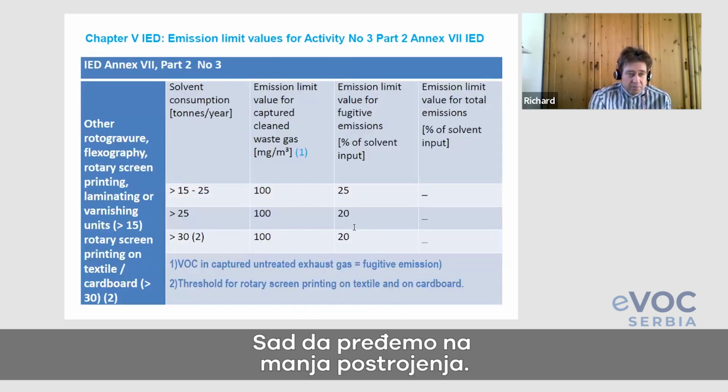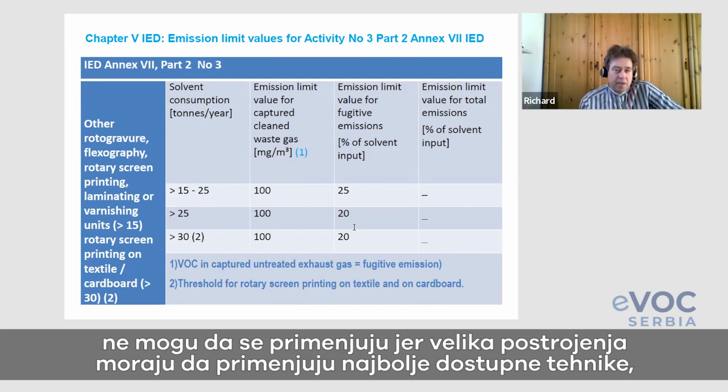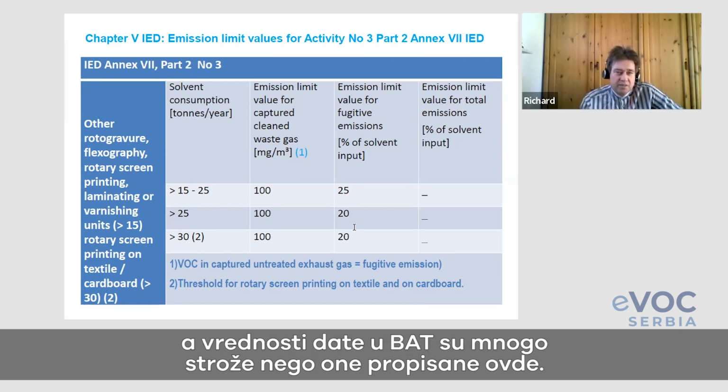Now, let's come to the smaller installations, because for the IED installations, there are in future different values, and the values that I show you here cannot be applied because the IED installations have to comply with the best available techniques conclusions, and those values are much stricter than those you see here.